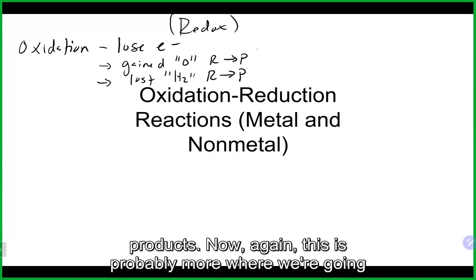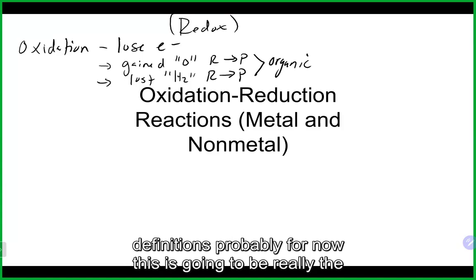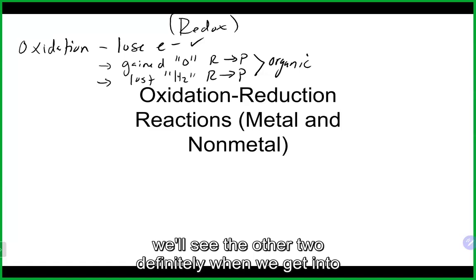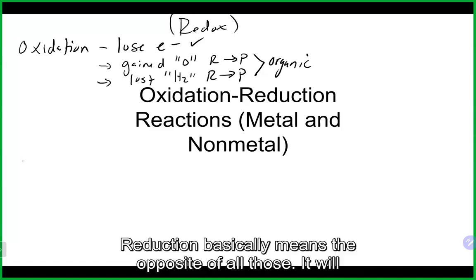Now, this is probably more where we're going to see it when we get into organic chemistry, those two definitions. For now, the electron definition is the one you'll see the most for oxidation. But we'll see the other two when we get into organic reactions, the gaining or losing of oxygen or hydrogen.